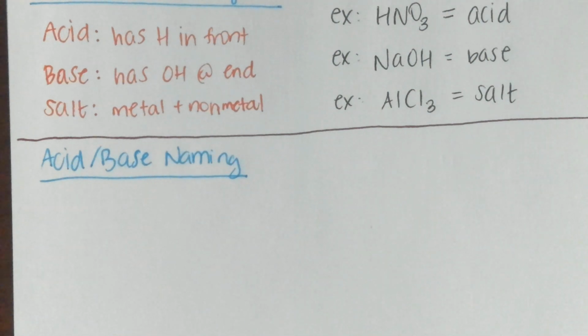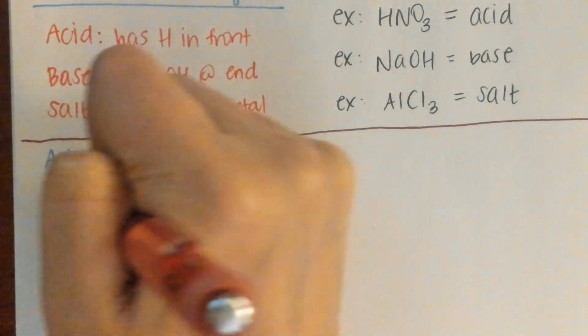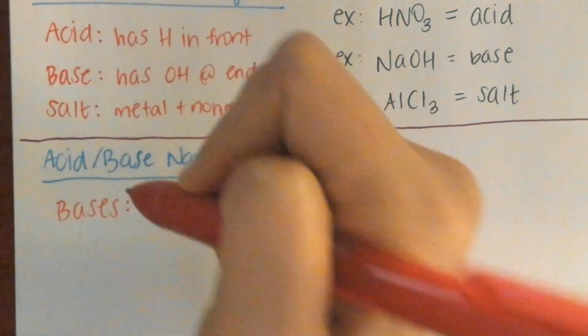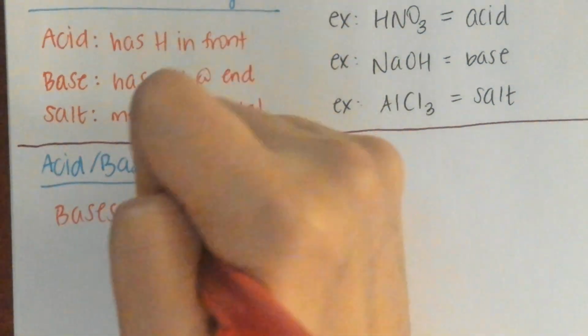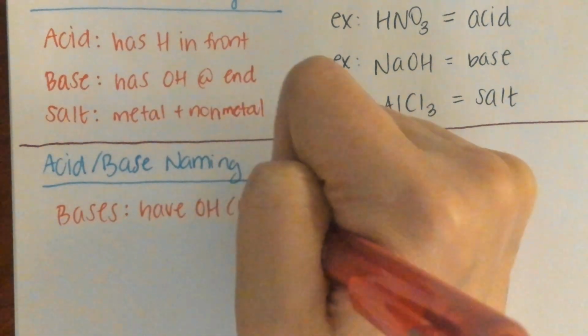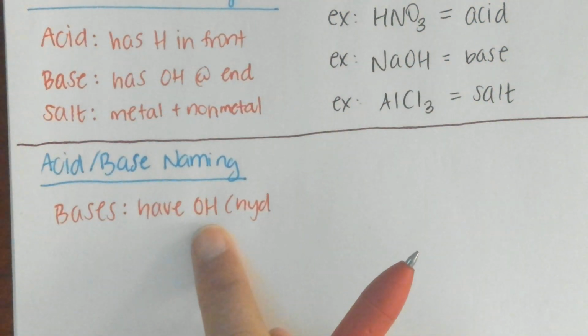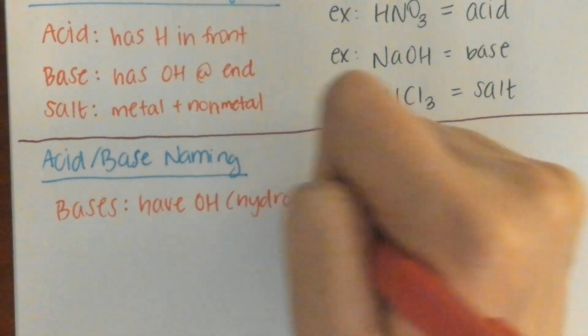So, start off with bases. So again, bases, they have hydroxide, they have OH, so that's hydroxide. Please don't write HO for hydroxide. That is a common mistake that I see all the time. I almost guarantee you at least one of you will do that.